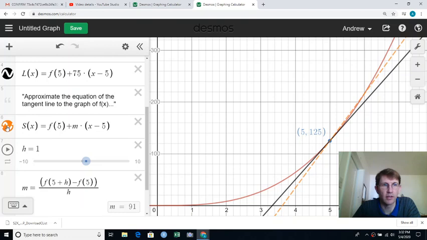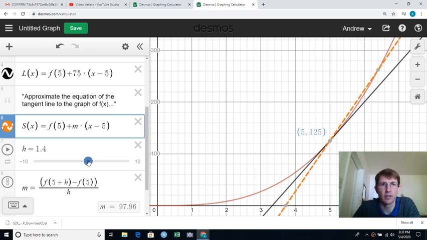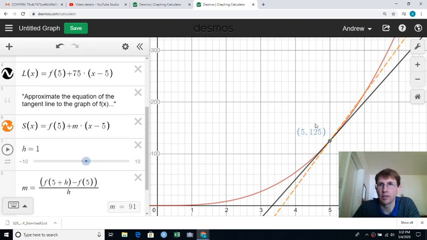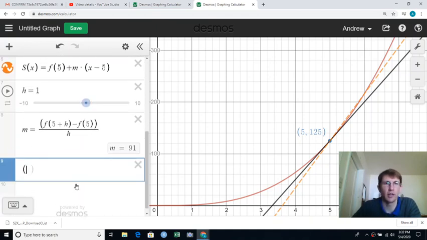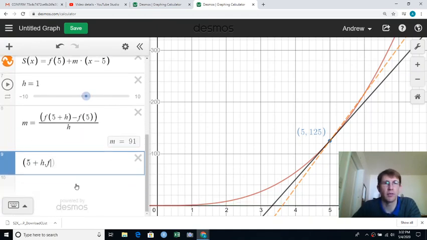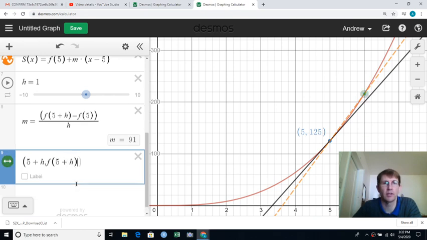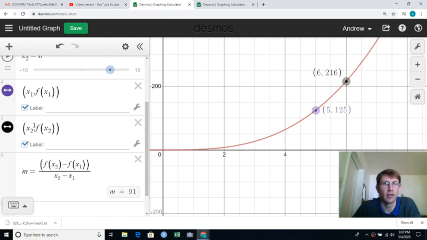I'm going to turn this line into a dashed line, and let's color it orange. By the way, you can change the color of a line by clicking and holding for a long time on the style of it. So now if I change h, I'm using this point and a point out here. In fact, I can put a point at 5 plus h comma f of 5 plus h. That's a lot like x sub 2 comma f of x sub 2.